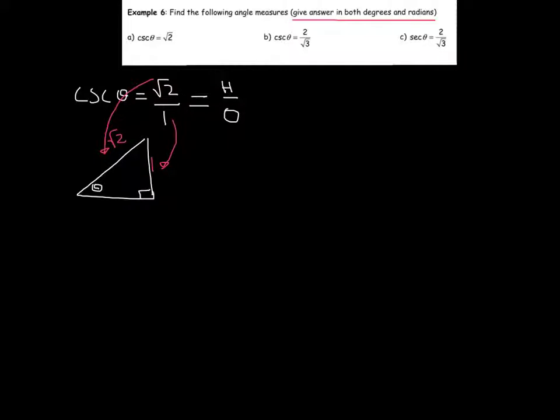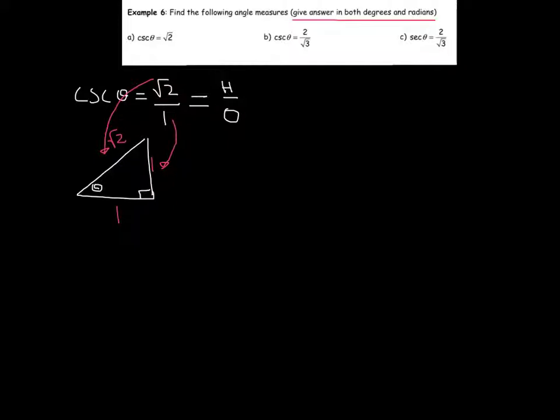Okay? And you're looking at this triangle and you're remembering something that we did earlier in this video. You're saying, okay, which of the two main triangles that we have studied have sides with 1 and root 2? Oh, it's the 45, 45, 90 triangle, okay? So that automatically makes this side 1. So 1, 1, root 2.